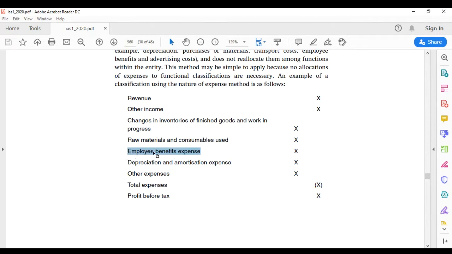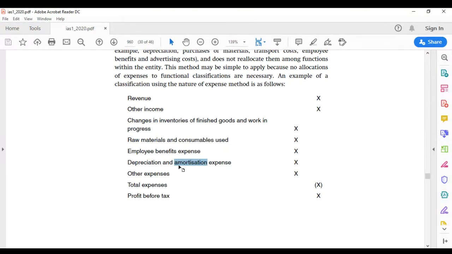That is all employee benefits expense. Or if you've got a depreciation expense, you describe the nature. Or if you've got amortization expense, which we'll discuss next quarter, you describe it by virtue of its nature.